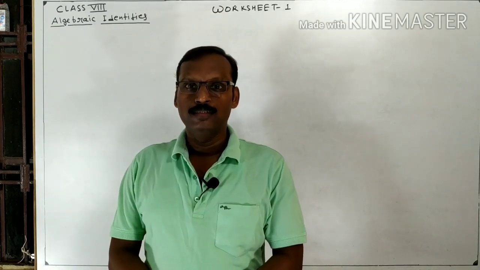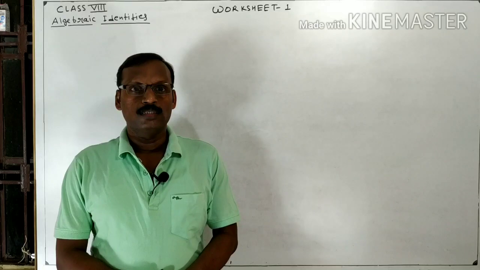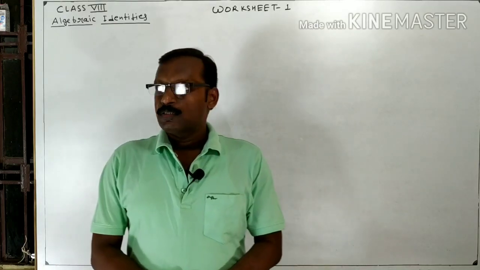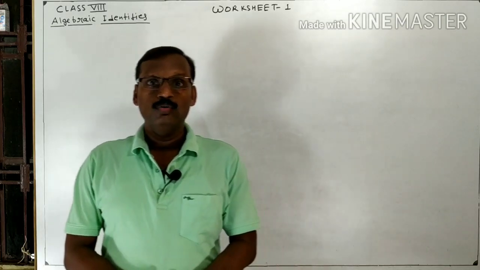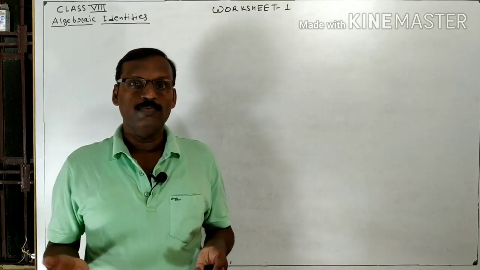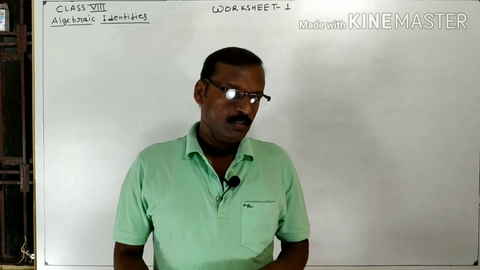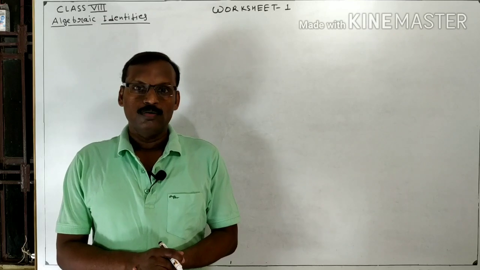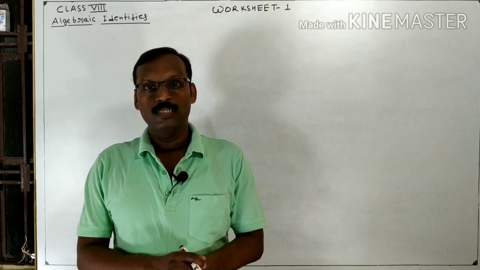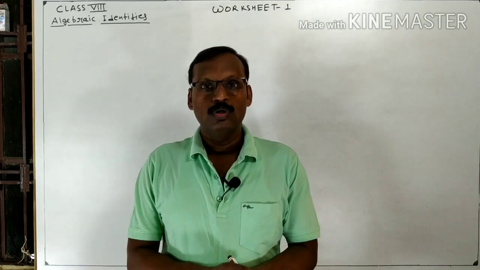An algebraic identity is a statement of equality which holds true for any value of the variable. Means if we solve LHS and RHS for any value of the given variable, it always comes equal. Means LHS equal to RHS.